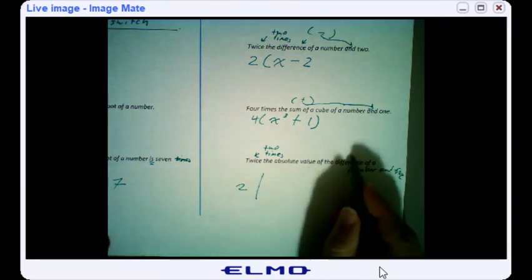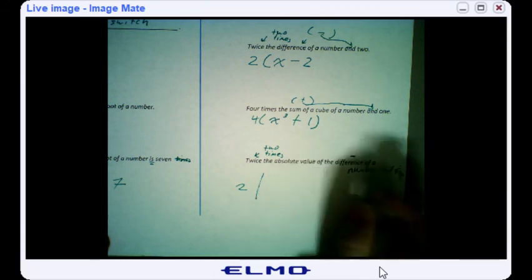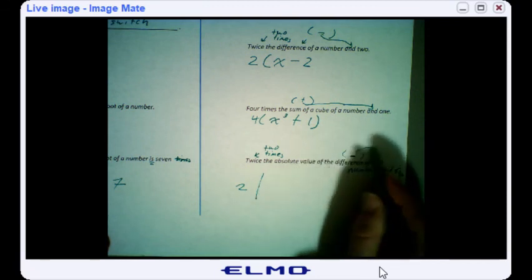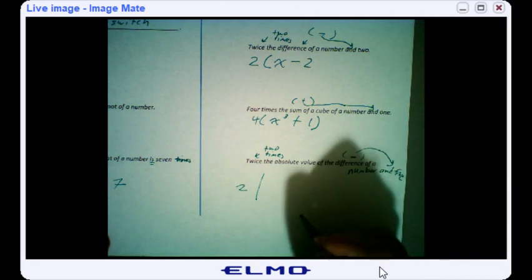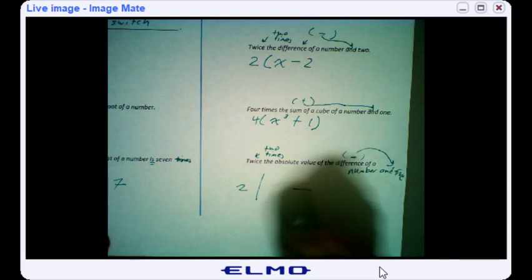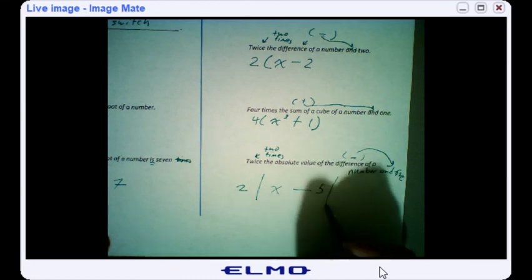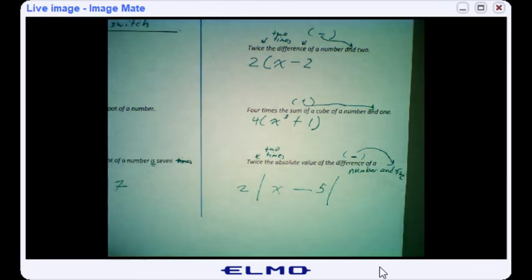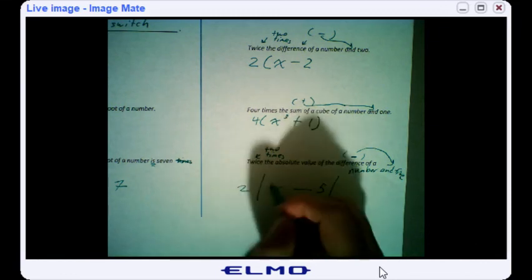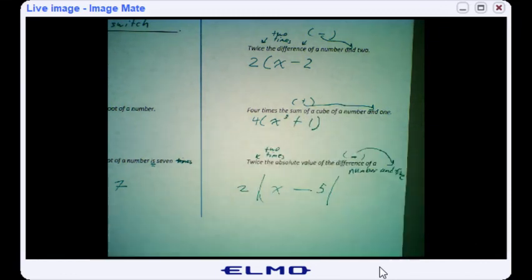So that means subtraction, usually inside parentheses, and that's going to be where the and is. Because I have the absolute value bars, I don't necessarily need the parentheses. I could put them in. It wouldn't change the problem, but you don't have to.